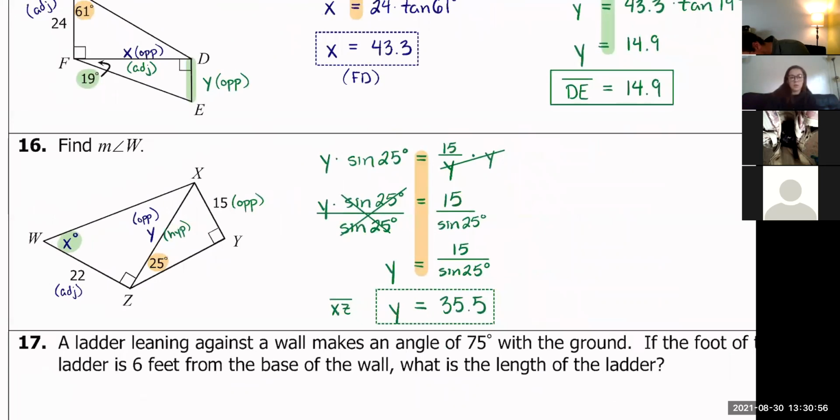So the tangent of X degrees equals the opposite leg, which we calculated to be 35.5, over the adjacent leg, which was given to us as 22. We can then run through this process to calculate.